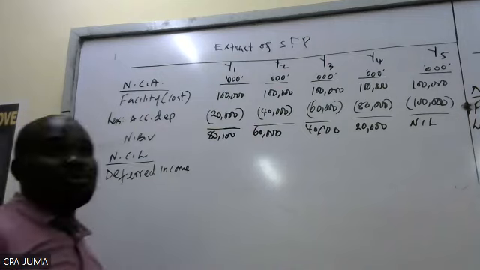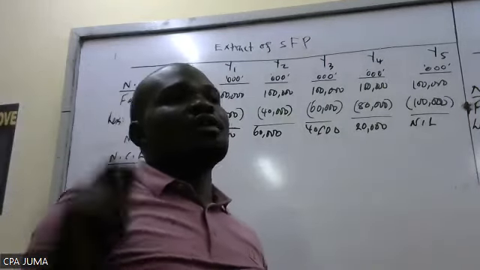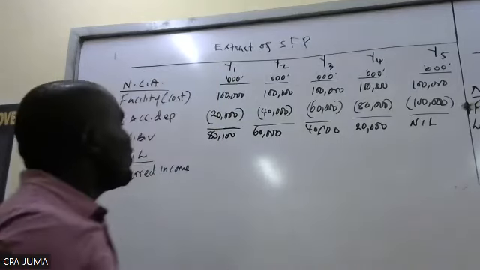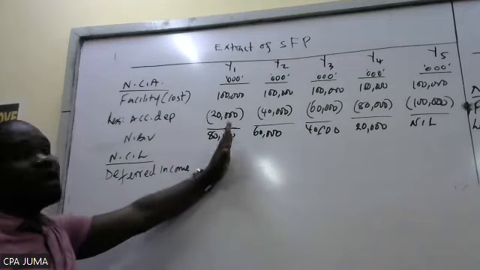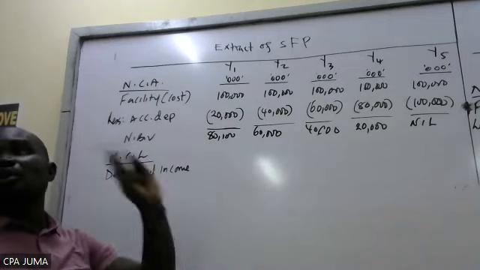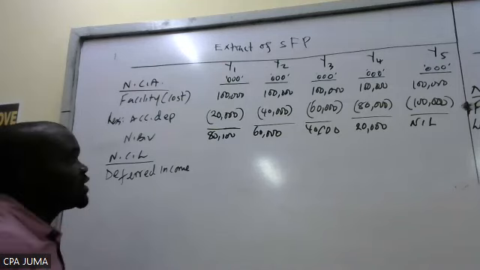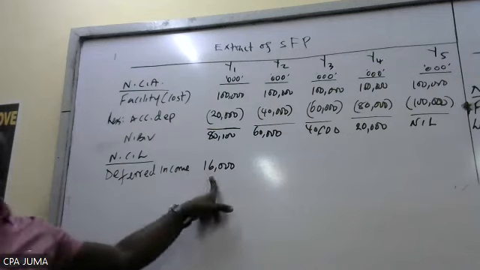Deferred income is a liability. Deferred income is an income which you have received in advance. So at the end of year 1, we assume that you will have utilized 4. How much is remaining with you? 16. That is a liability. In case of anything, this is what you're supposed to refund.